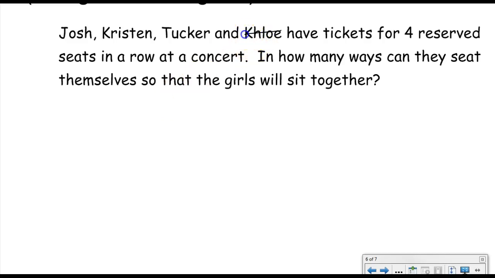And just for simplicity's sake, we're going to change her first name, because it gets a little difficult if you have 2 Ks. So we have 4 seats, right? And the girls could sit here. Right? They have to sit together.